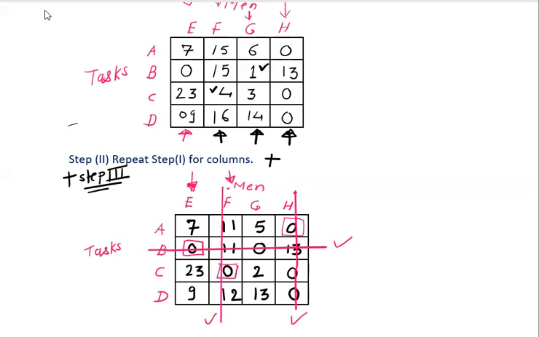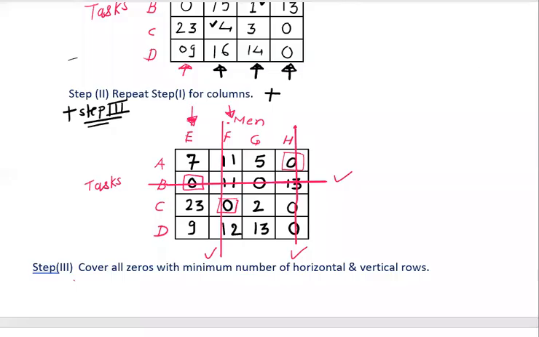So how many lines have we drawn to cover all zeros? So this is the first step. Cover all zeros with minimum number of horizontal and vertical lines. So this is if we have applied step number 3, cover all zeros with minimum number of horizontal and vertical lines.